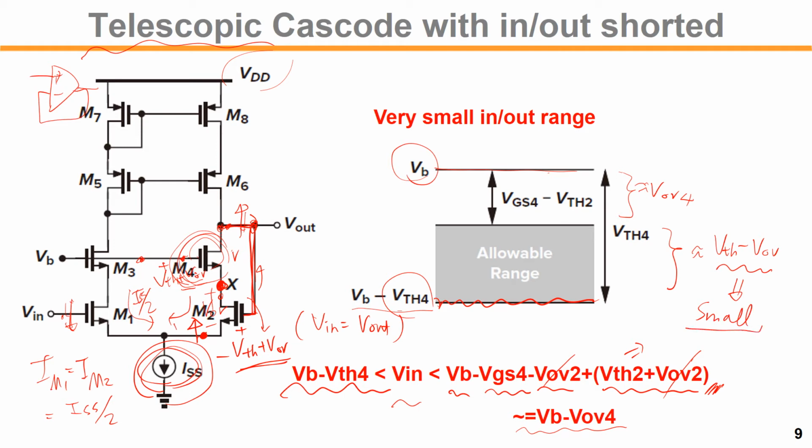Typically this kind of amplifier is not used in a unity gain amplifier structure, because of the small range.